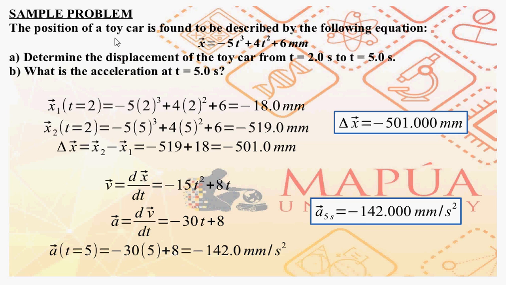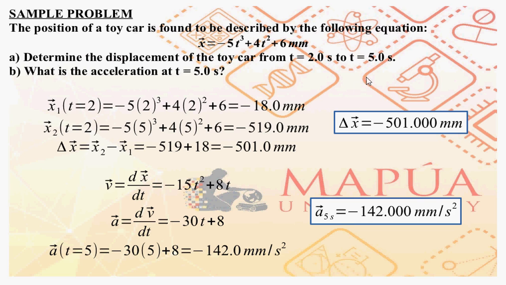That will give you the displacement. The equation provided is in terms of position. So just plug the initial time, t is equal to 2 seconds, into the equation, and you have the initial position, negative 18 millimeters.